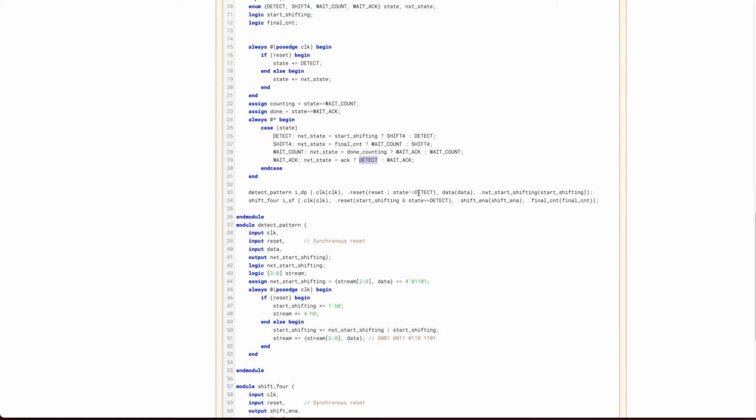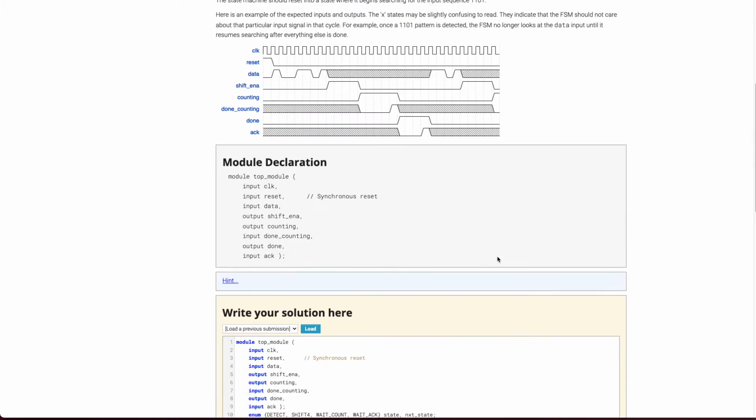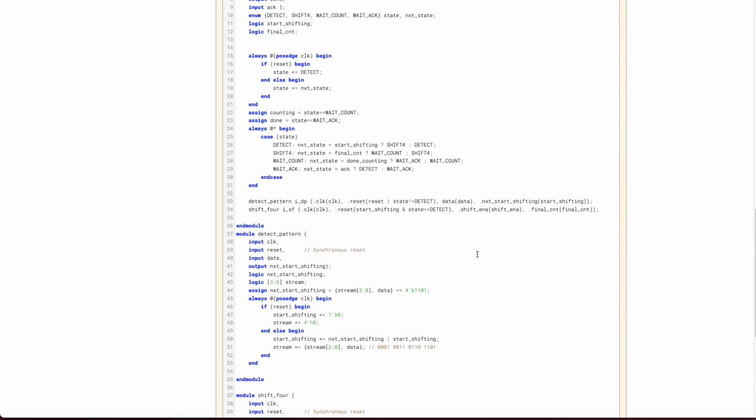So state equals detect, right? And there's no reset. And we'll start storing this data. And yeah, it should be good there.